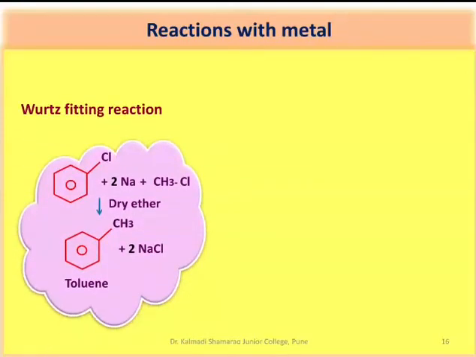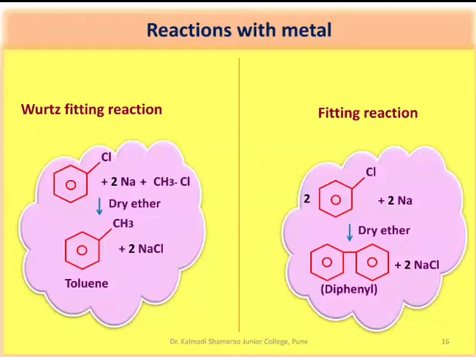Wurtz-Fittig reaction involves reaction of aryl halides with alkyl halide and sodium metal in dry ether to give substituted aromatic compound and sodium halide. In Fittig reaction, only aryl halides take part in the reaction with sodium metal in dry ether to give diphenyl and sodium halide as product.